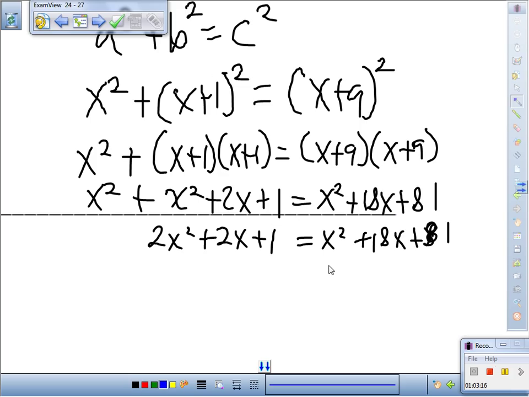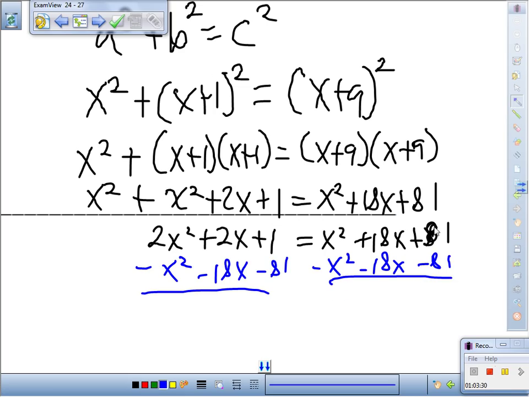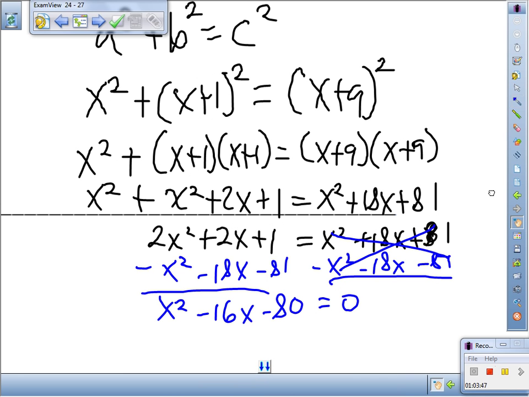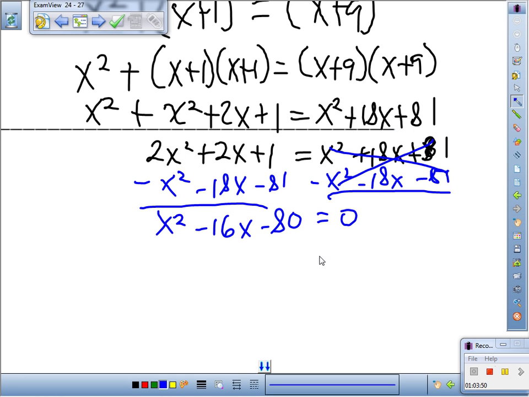So here I'm going to subtract x squared, 18x, and 81 from both sides. These cancel. We're left with equal to 0. What do we have left here? X squared minus 16x minus 80. Do we know what to do from there? Yes, Power Rangers. Negative 80 and negative 16.